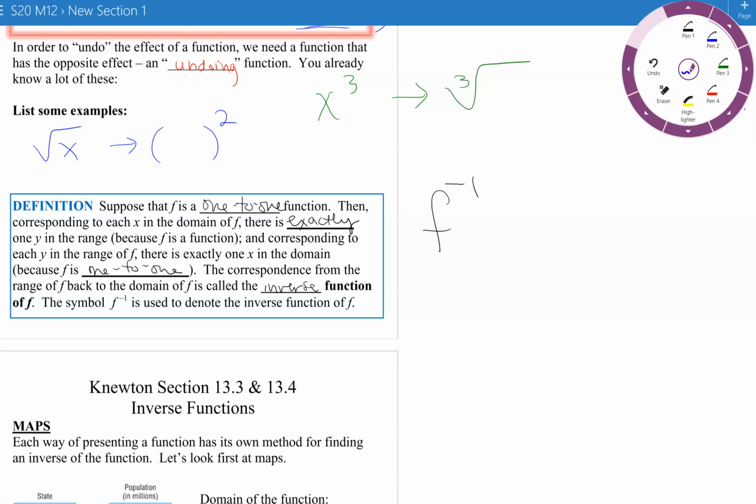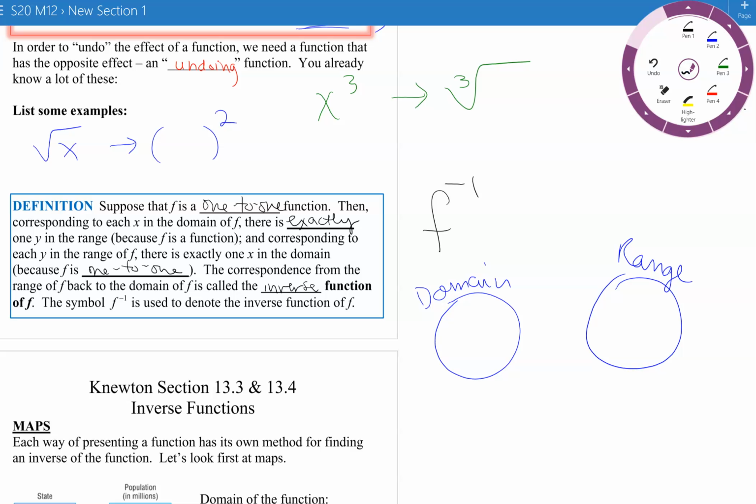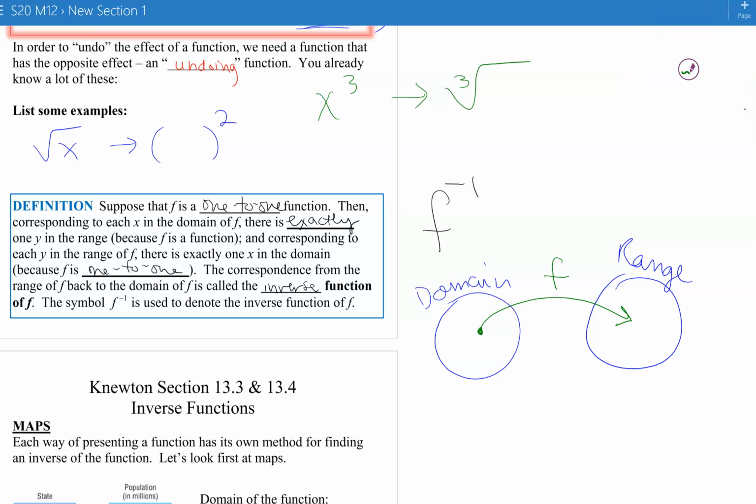So let me draw you a little picture. This is one of the ways I like to think of function and inverse function. So we have the domain and we have the range. And then we have this function f that tells us how to find the corresponding item in the range for a particular item in the domain.